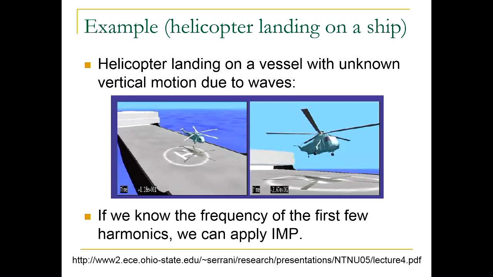You see how they have simulations: the helicopter is hovering, the ship is moving, and then the helicopter starts moving up and down, synchronizing and reducing the error between the surface, and then it just nicely lands. It's a very cool application of the internal model principle.